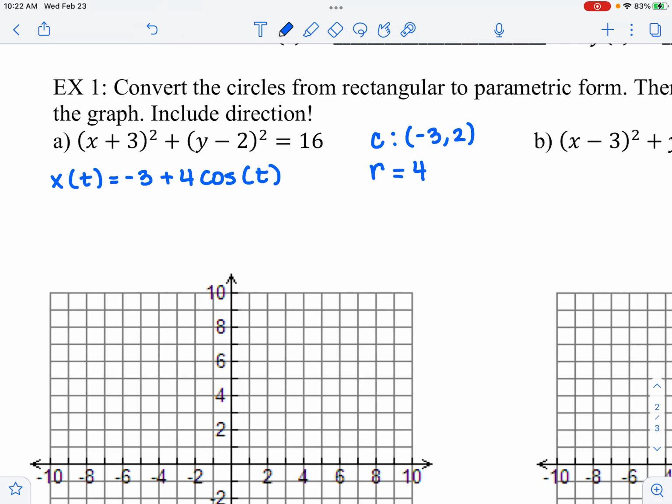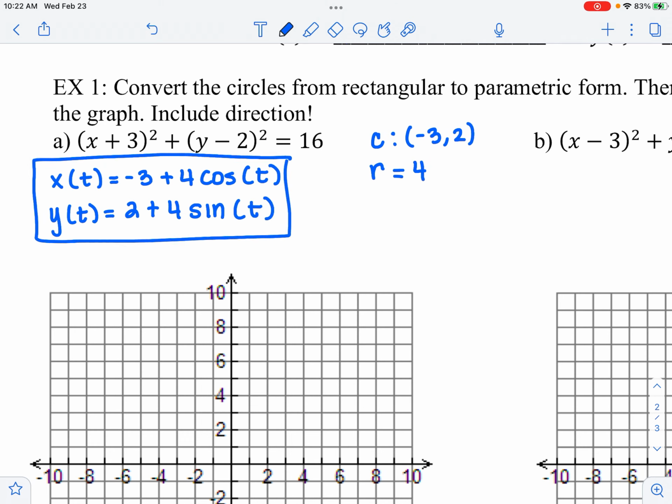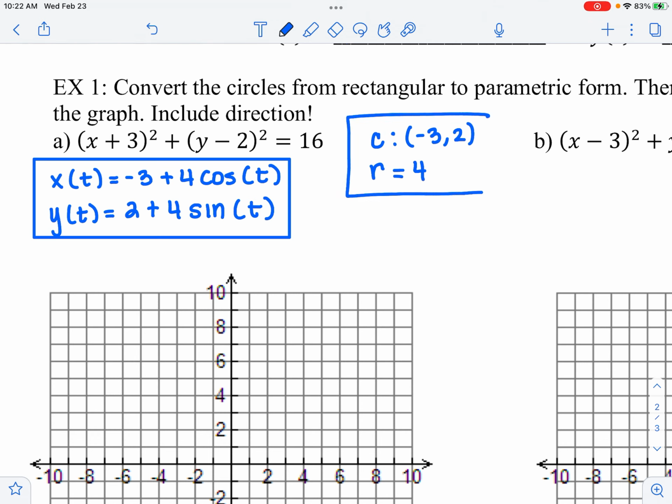And then my next equation is y of t equals my k value, which is 2, plus r sine of t. So there's my 2 equations, and then there is my center and my radius.